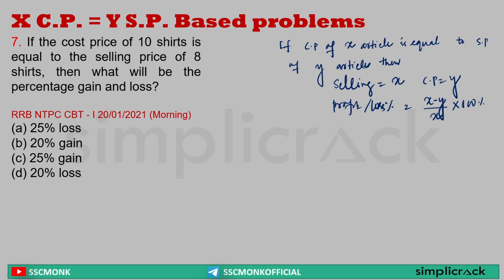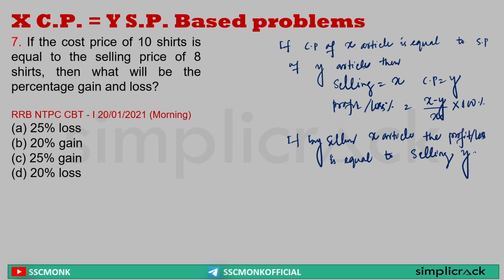Now, if in the same case, it asks that by selling X articles, the profit or loss is equal to the selling price of Y articles, then profit percentage is equal to Y into 100 divided by (X minus Y).